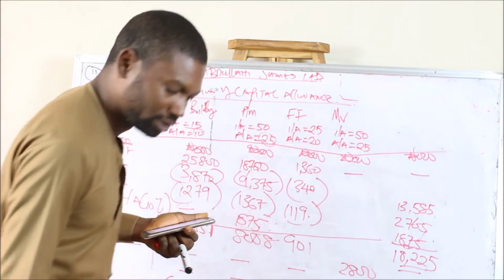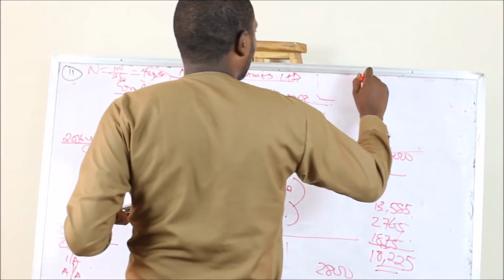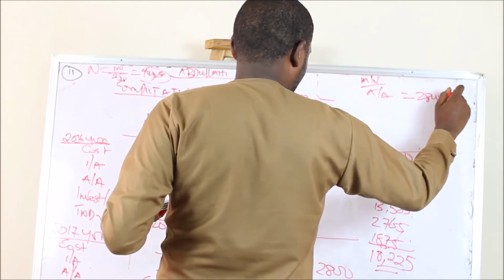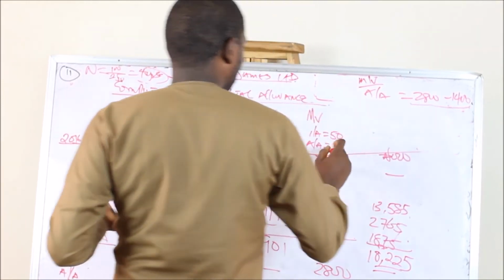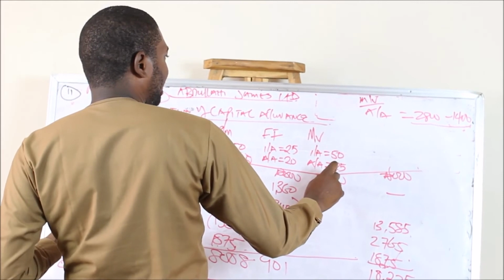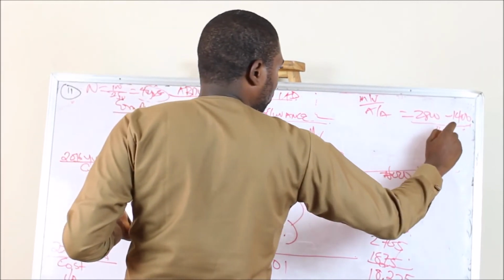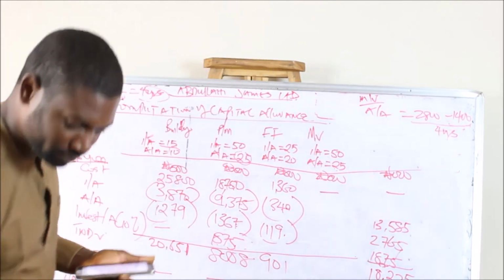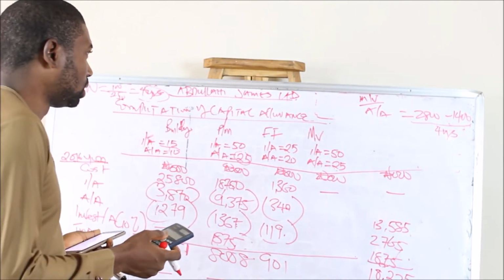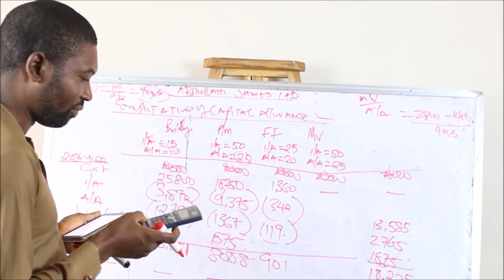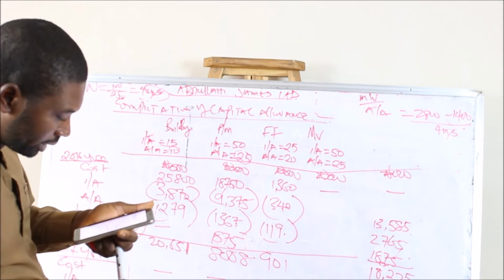For the motor vehicle, annual allowance is going to be 28 minus 14. For you to get N, remember we said if you are looking for A, you say 100 is constant over 25, which is 4 years. So 28 minus 14 divided by 4. So 14 divided by 4 will give you 350.